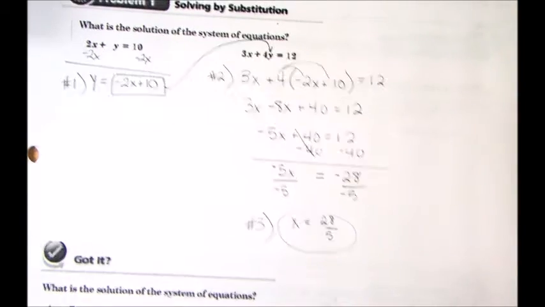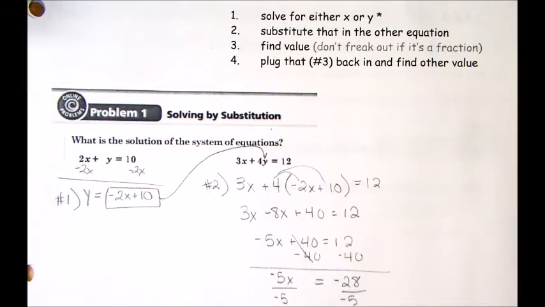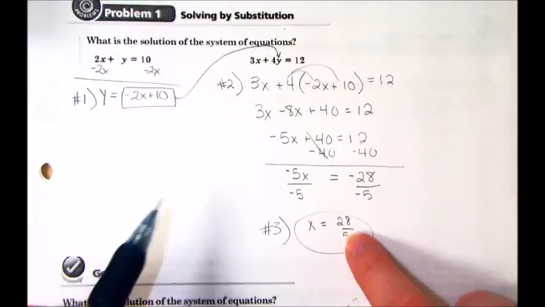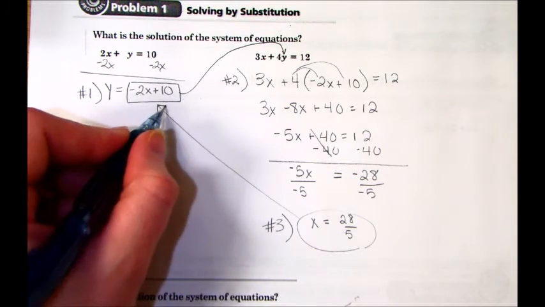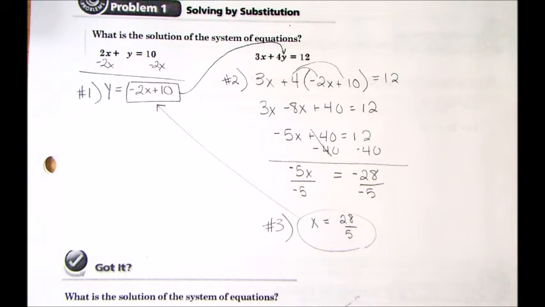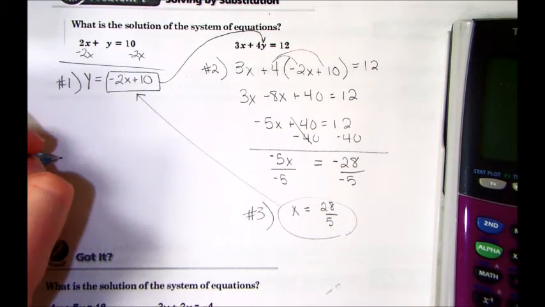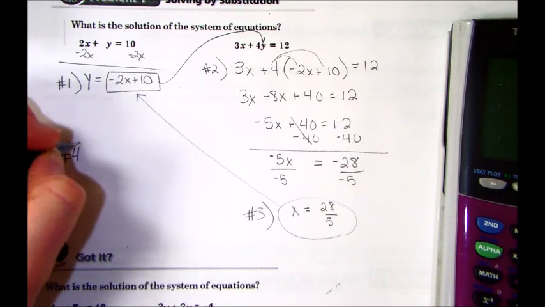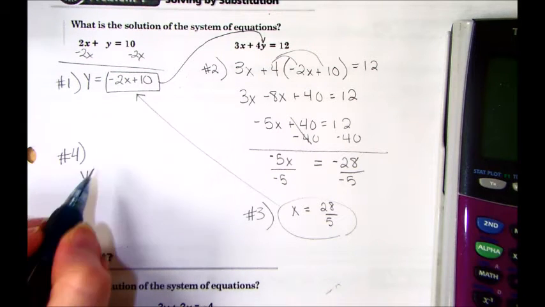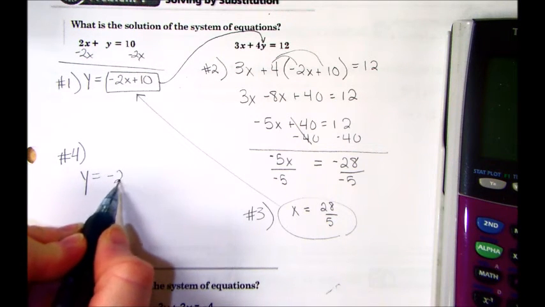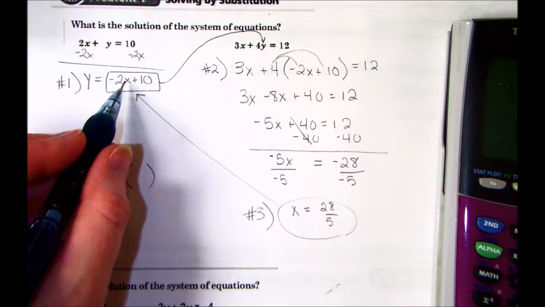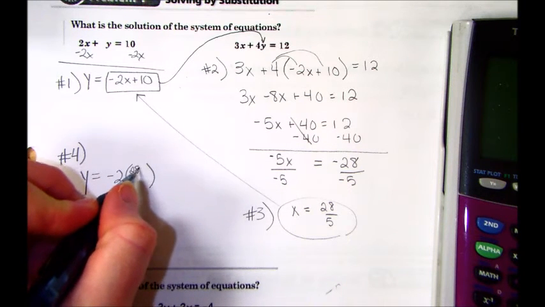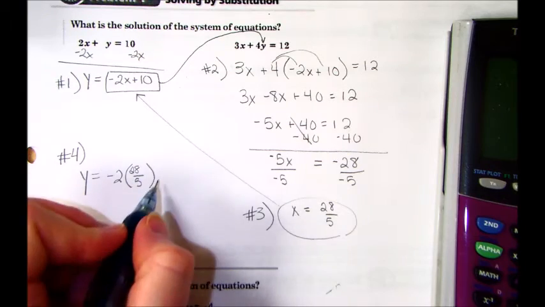Step number 4 is going to take this answer we just got and put it back into this box that I originally had. You can put it in anywhere that you see an x to get a y. I just think it's easier to put it into that box. So step number 4, I'm going to write y equals negative 2 times, I just got x, so I'm going to take that x away, 28 over 5 plus 10.